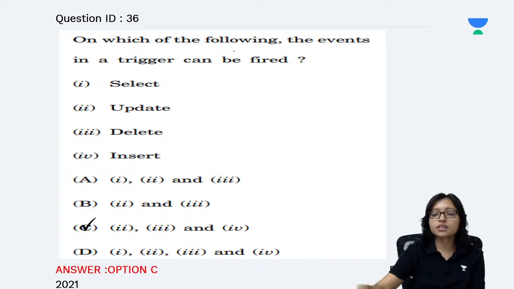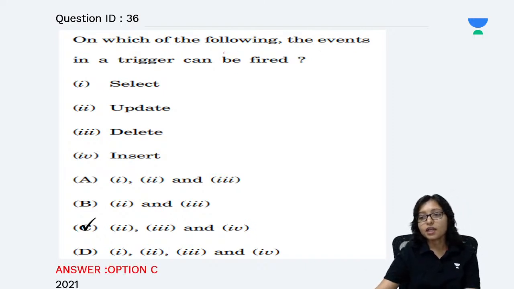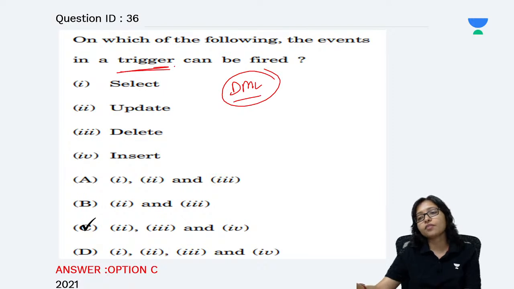Here the answer will be that events can be fired in DML. Whenever a trigger is fired, it is on DML operations, where we are modifying the table, like insert, update, delete: on delete, on update, on insert.